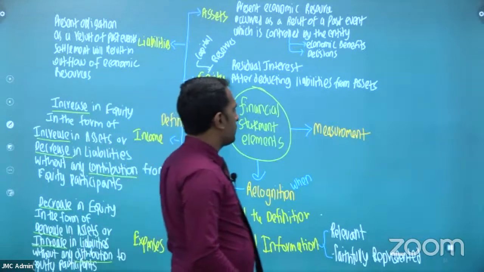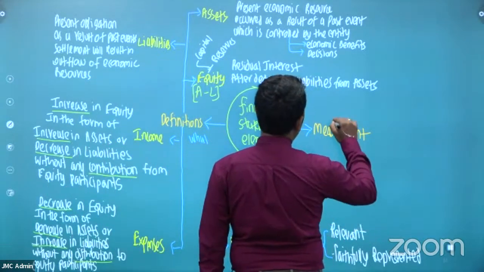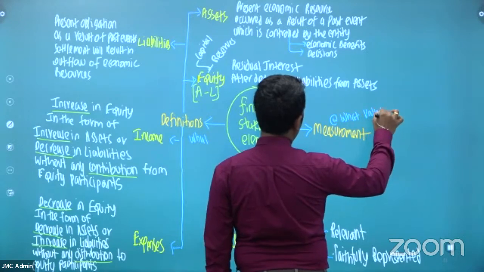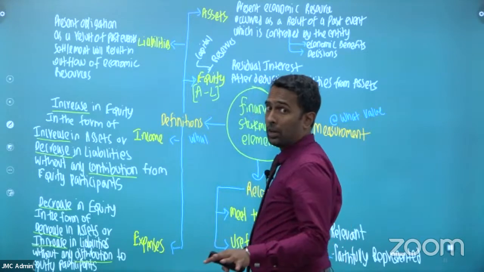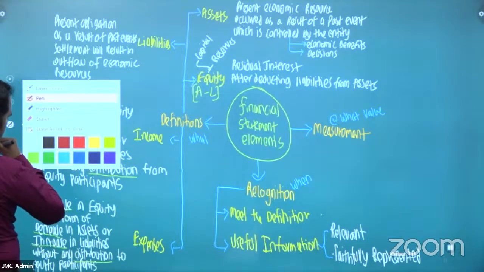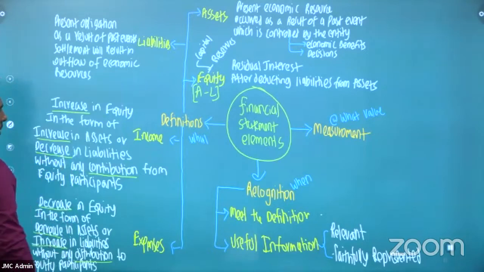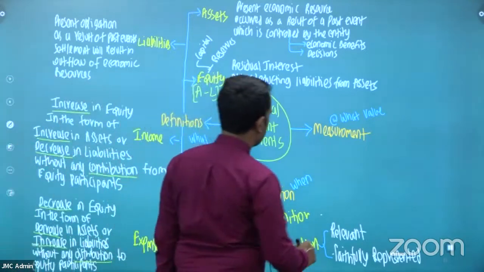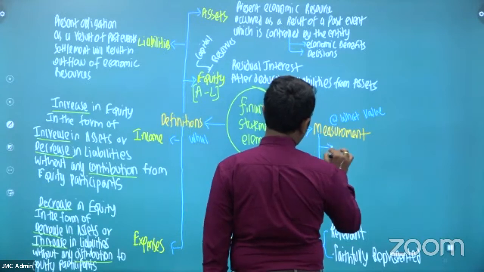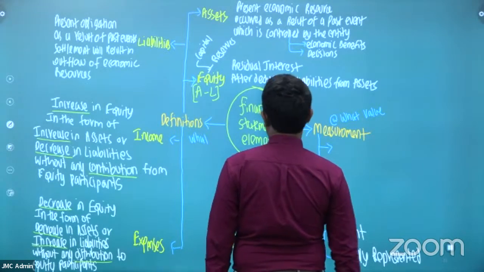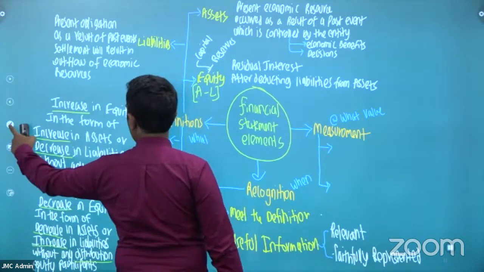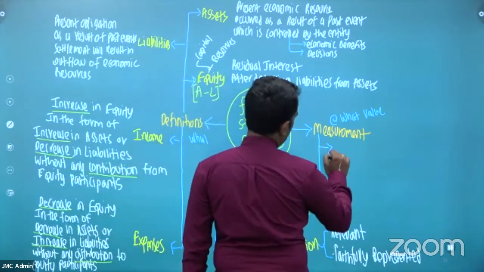Okay, then we are coming to the end. The measurement is about at what value. At what rupee value we are going to measure. When it comes to measurement, there are two bases we are going to apply.